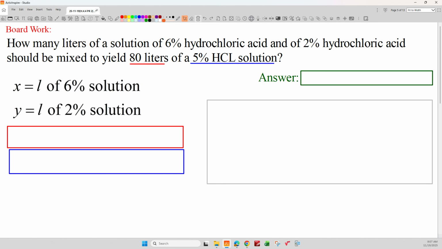Okay, so equations. Do we have an easy sum of the variables equals equation? Okay, good. The total, we need a total of 80 liters. So x plus y equals 80. And then what's the other equation that's coming from the percentages?